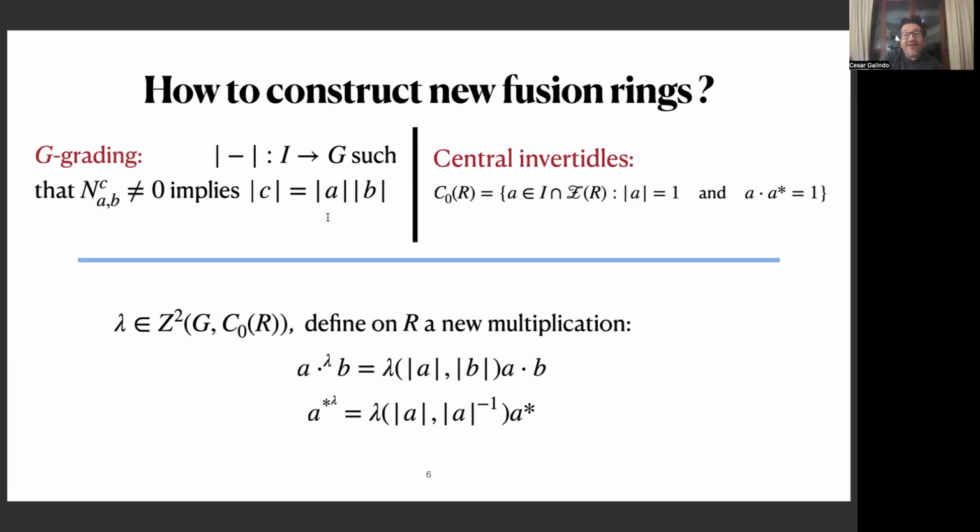So in order to apply this construction, we really need a non-trivial group, a non-trivial grading, that is controlled by some universal grading group that Gelaki and Nikshych defined many years ago. But yes, for this construction, the non-trivial grading plays an important role.